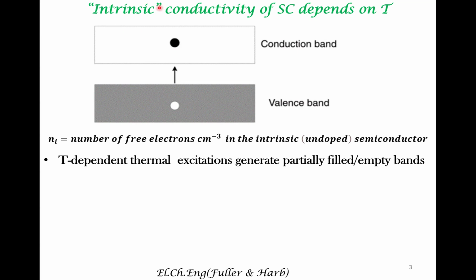So typically for now, intrinsic means we are referring to a semiconductor that is undoped. For example, silicon which has not been doped will be referred to as an intrinsic semiconductor, and corresponding to an intrinsic semiconductor, there is an amount of free electrons that are possible.